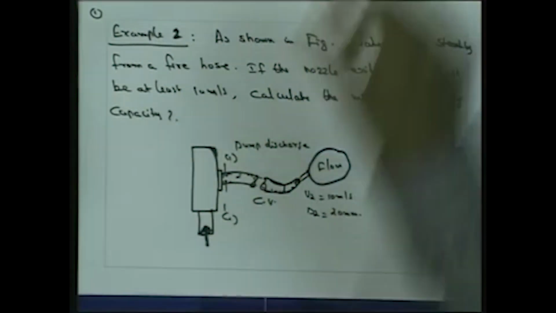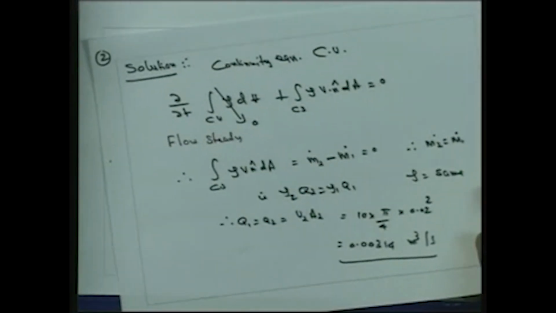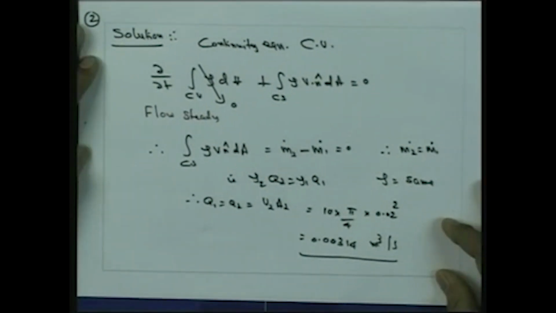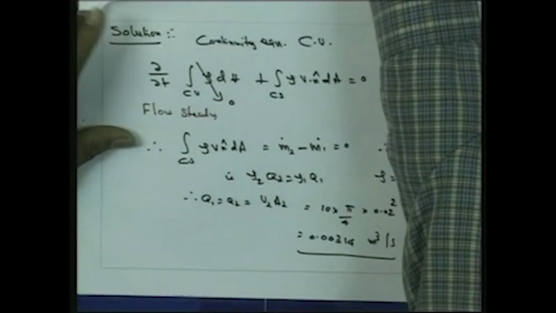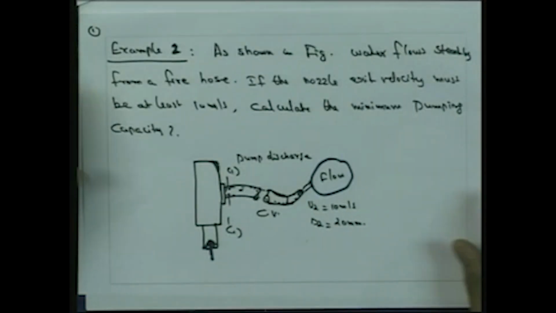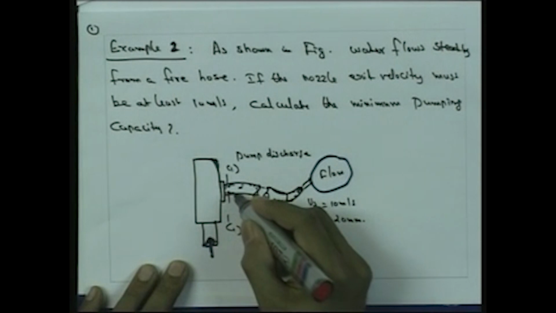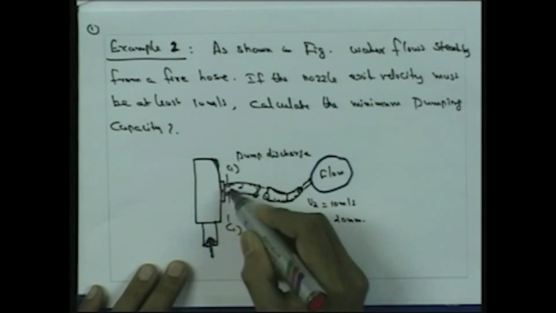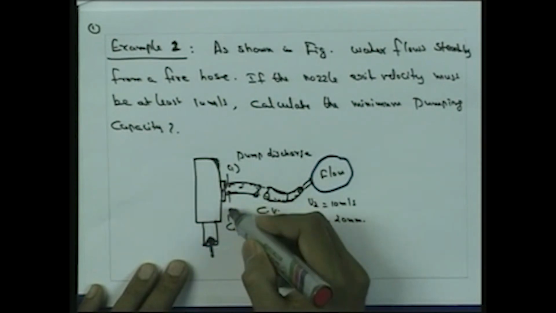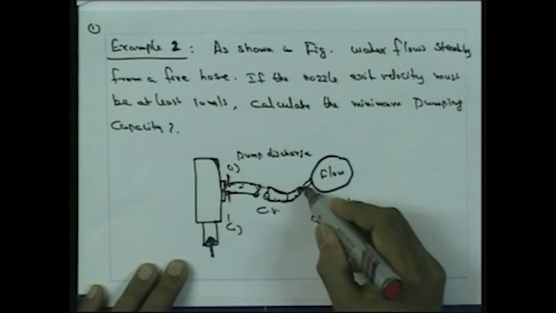So with respect to the continuity equation which we have seen earlier, here we have a control volume and a system. You can see the control volume here in this figure, and with respect to the inlet, this is the control surface. That means what is going inside and what is going outside.